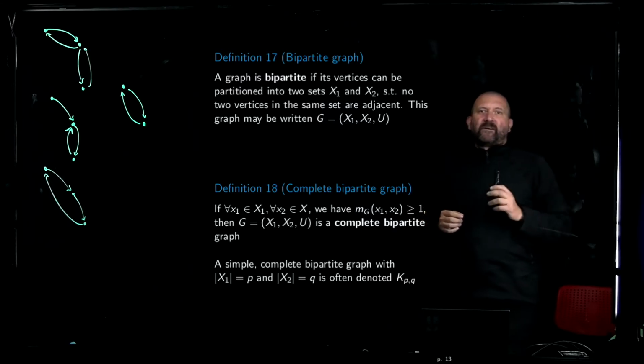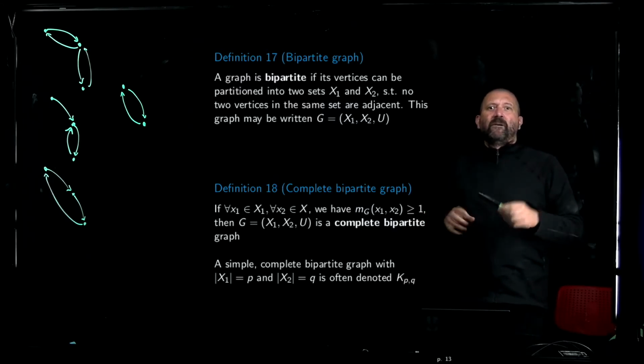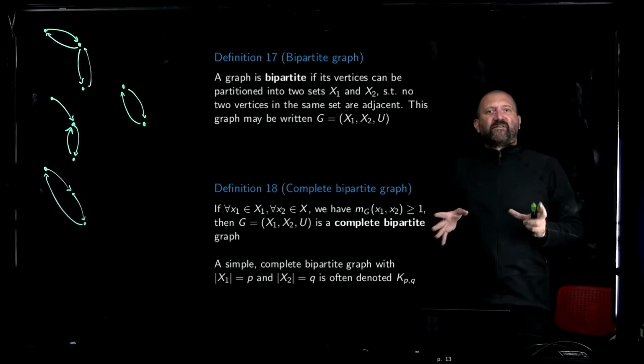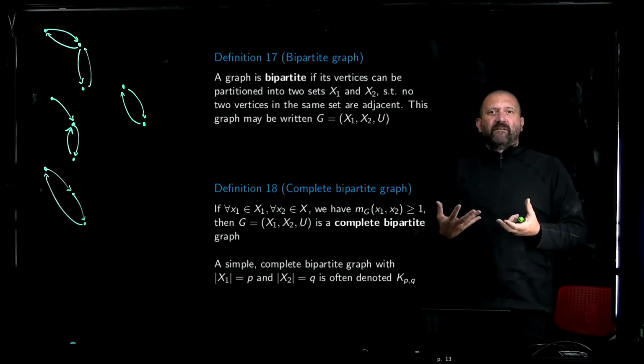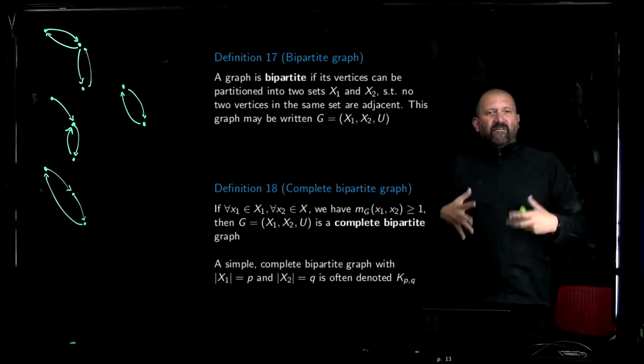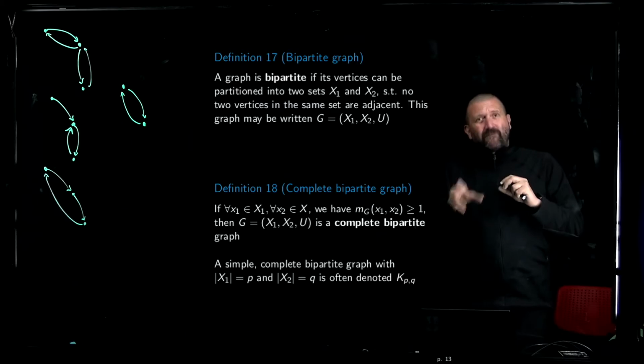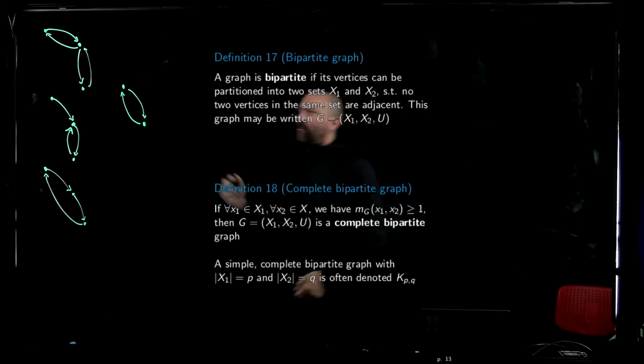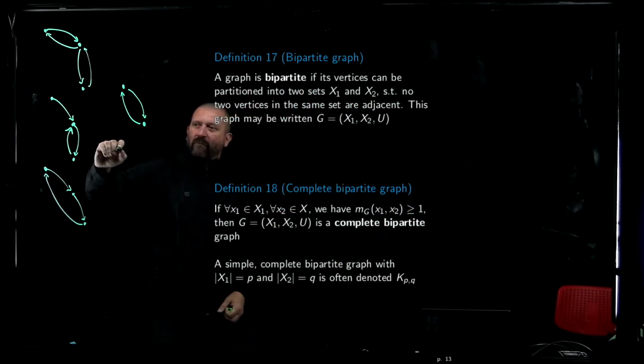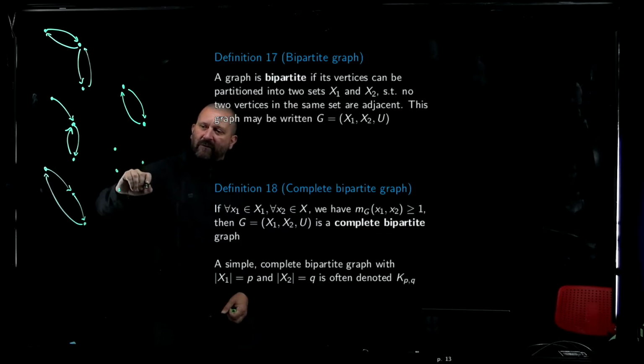A bipartite graph is a graph where you can partition the vertices into two sets, and in such a way that none of the vertices in each of the sets are adjacent. So, a typical example of a bipartite graph would be something like this.